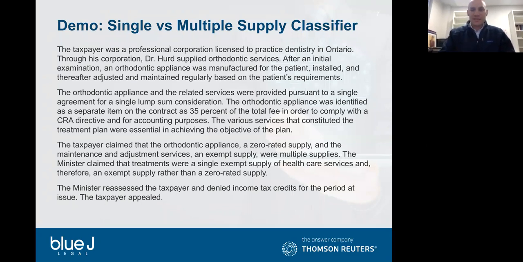And so the minister resisted that characterization, said, no, this is a single exempt supply of healthcare services, and therefore all exempt is how we're going to characterize it, was the minister's position, not at all a zero-rated supply.